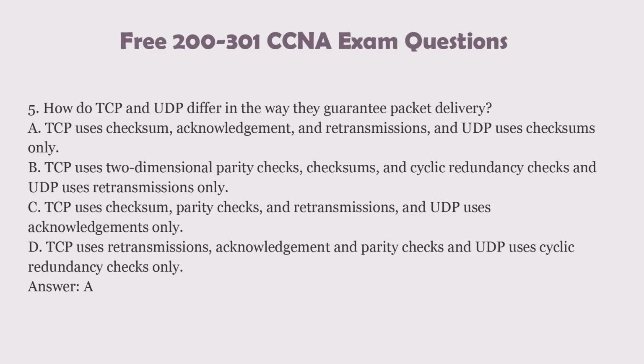C. TCP uses checksum, parity checks, and retransmissions, and UDP uses acknowledgements only. D. TCP uses retransmissions, acknowledgement and parity checks, and UDP uses cyclic redundancy checks only. Answer: A.